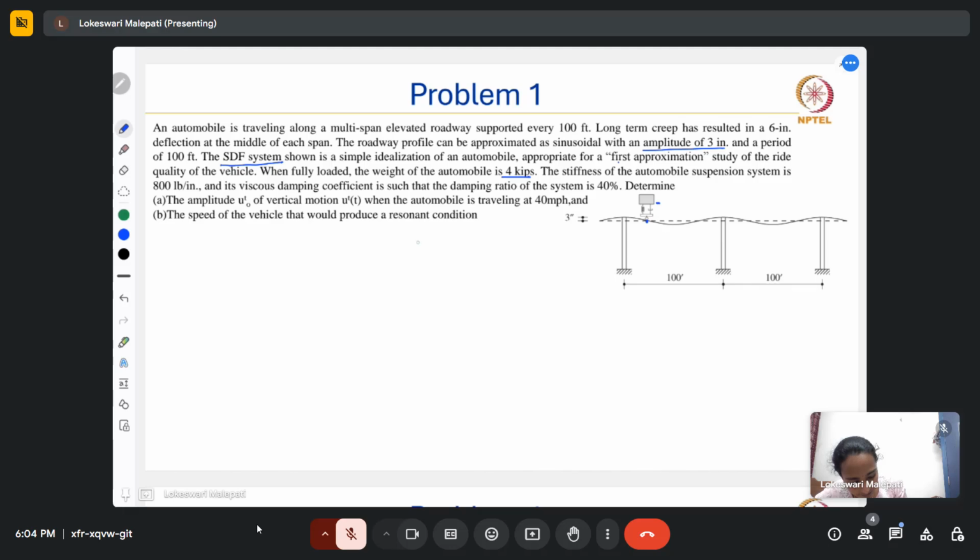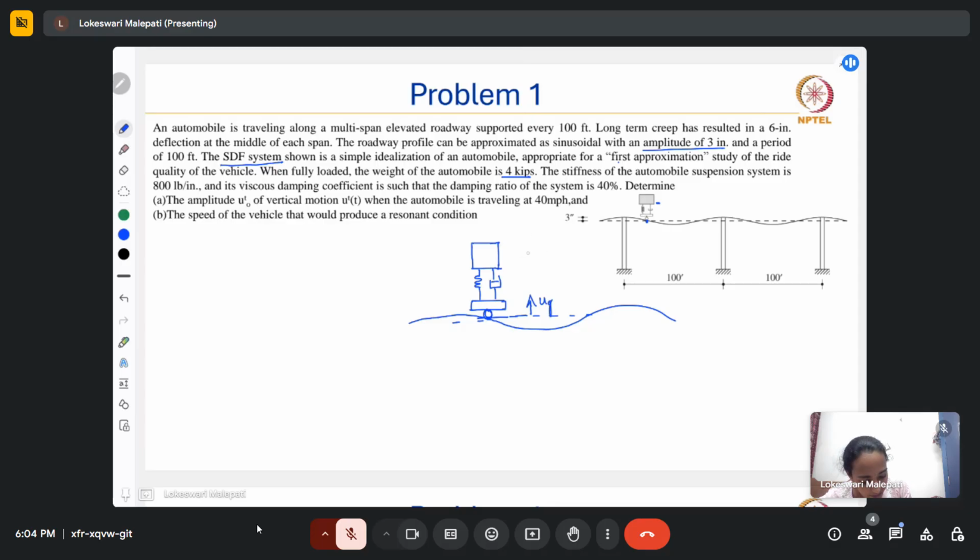Now let's start with this idealization which they have given already. So we have some reference. As this automobile is traveling over this, there will be a displacement, which let's call ug.